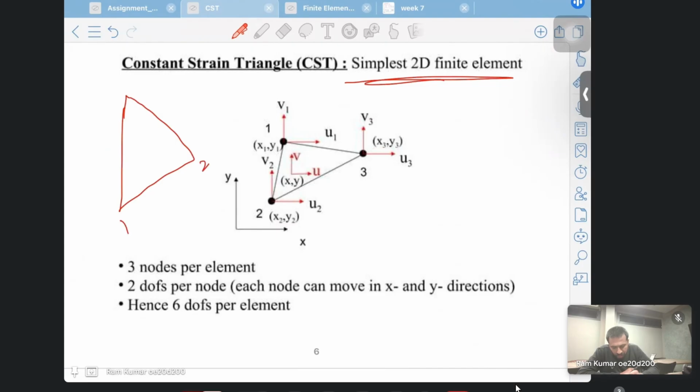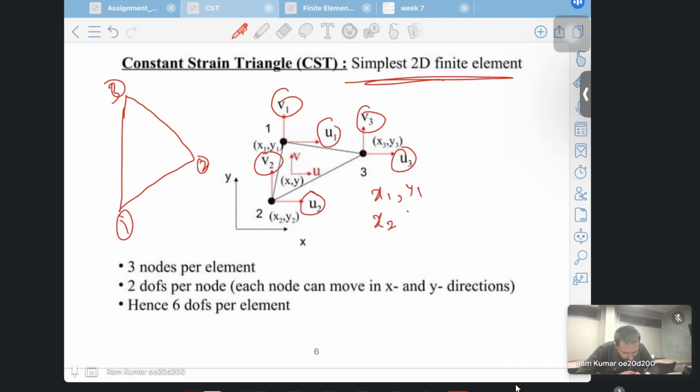Node 1, 2, 3. Node 1 has displacements u1, v1, u2, v2, u3, v3. Then x1, y1, x2, y2, x3, y3.